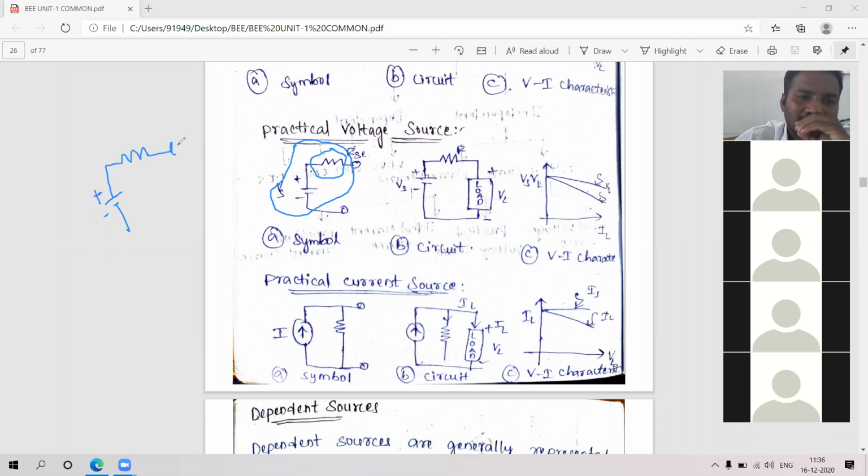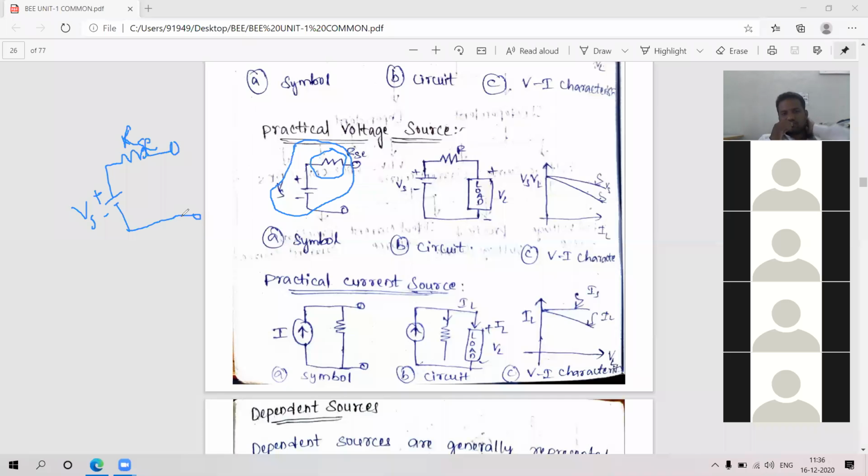This is the circuit symbol for the practical voltage source. This is R, its value is R_SE, series resistance. This is V_S, the voltage source, and this is the resistance.